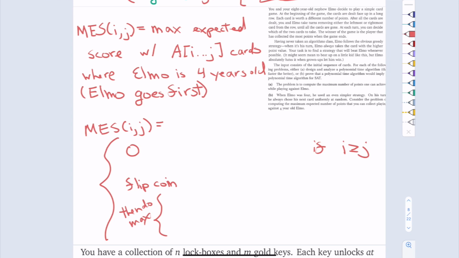But this is a natural idea that many people have suggested. Why don't we try to simulate it inside the dynamic program? It does get a little bit funky though, because we're not ever necessarily computing the maximum expected score.